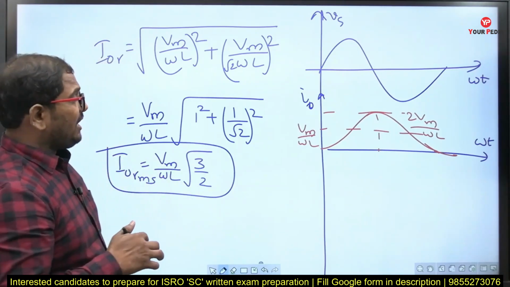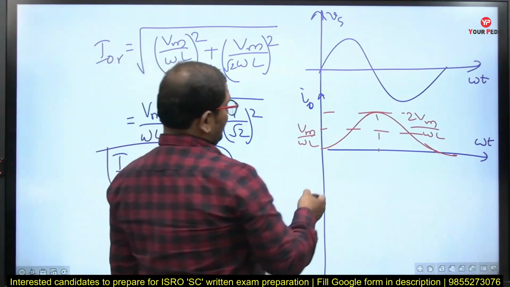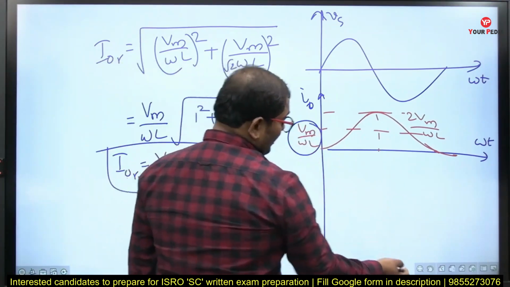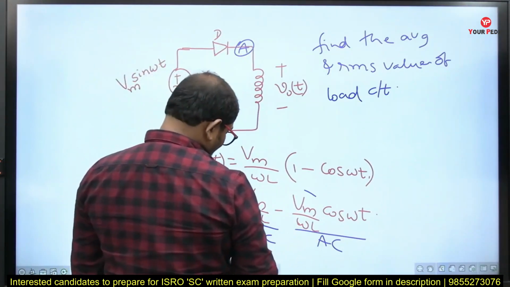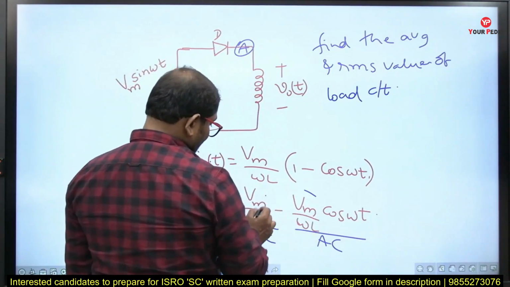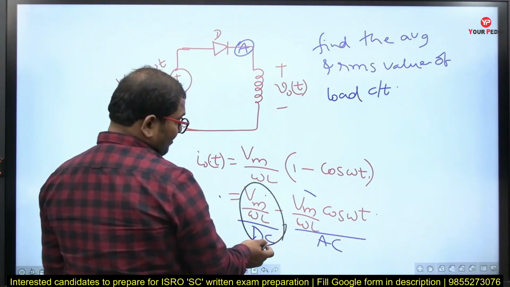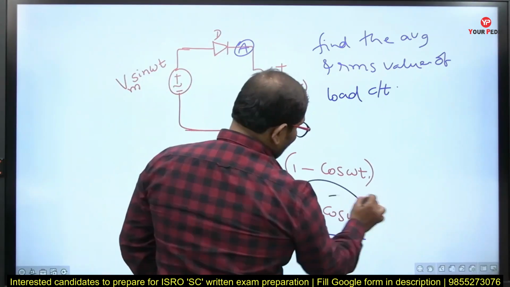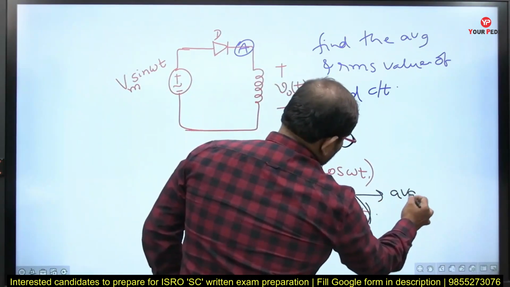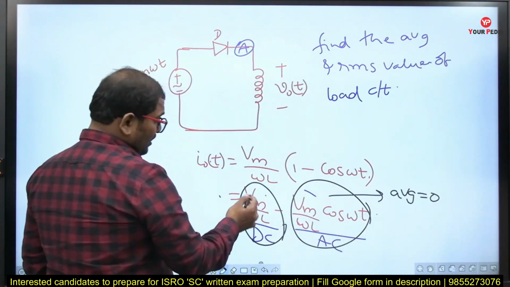What about the average current? The average current is the DC current, because the average value of the AC component becomes 0, right? So this is the DC component, whose average and RMS values are the same. The average value of the AC component is 0, so the average will be this value.